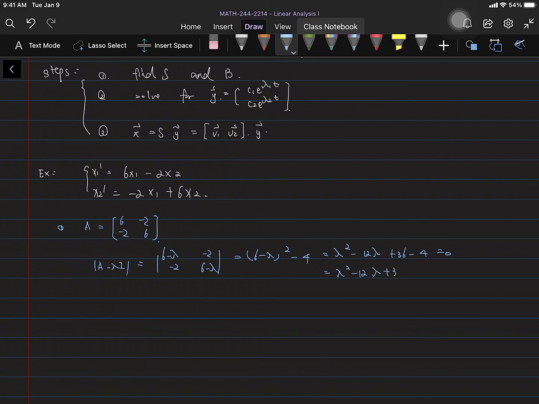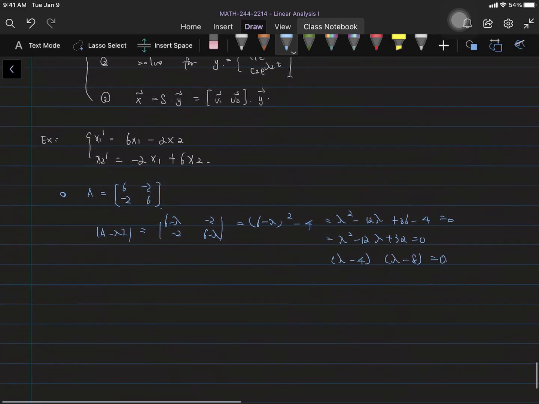We can always get the polynomial easily. If you get some polynomial that is very difficult to solve, you must have made some mistake. So you need to redo this polynomial. Usually it should be easy to solve. So we have lambda equals 4 and 8.